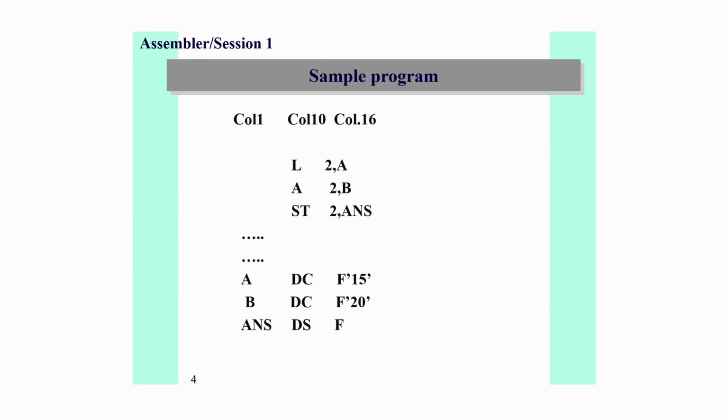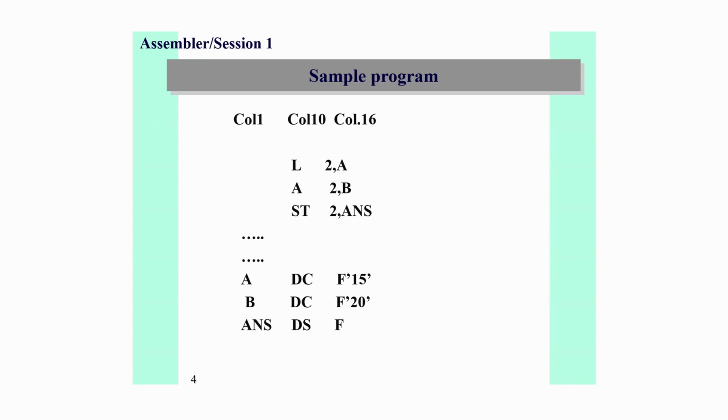So what it does is it is declaring three variables and then it has three executable statements based on those variables. So in assembler, we don't call them variables. We call them symbols. Right? So they are called symbols.